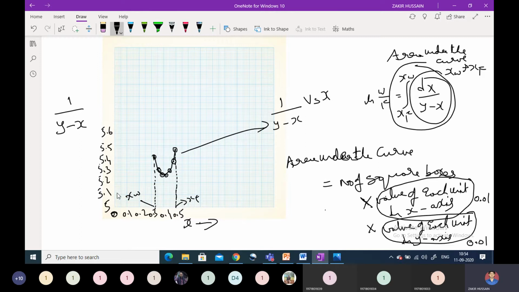From 5 to 5.1, in between 10 points are there, so it is 0.01. So the number of square boxes you need to count in between these two values.